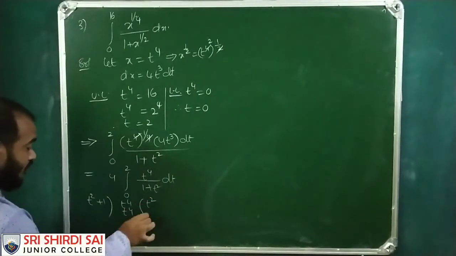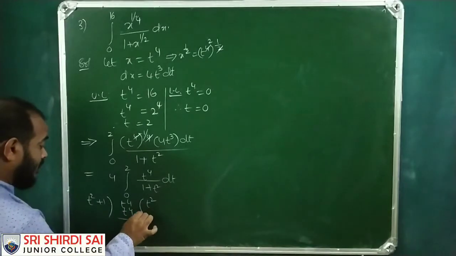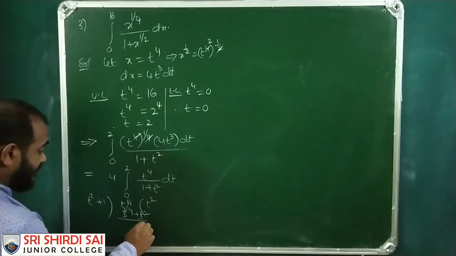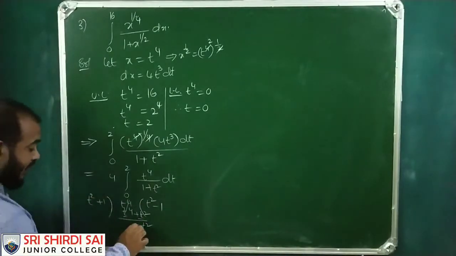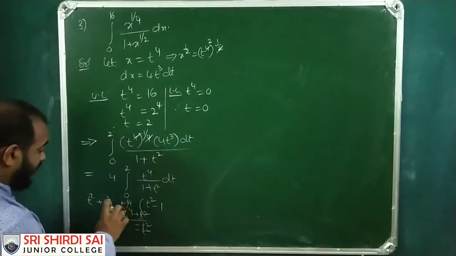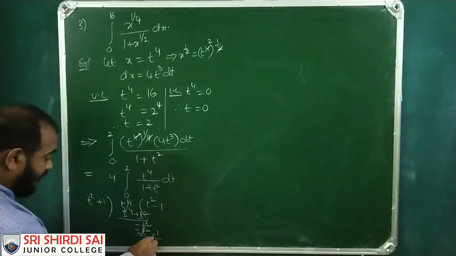This is t power 4. t square into 1 is t square. So minus, minus gets cancelled. This is minus t square. 2t square is minus t square. Minus into minus 1 into plus 1 is minus 1. So this is plus, this is plus, gets cancelled. We are left with a 1.